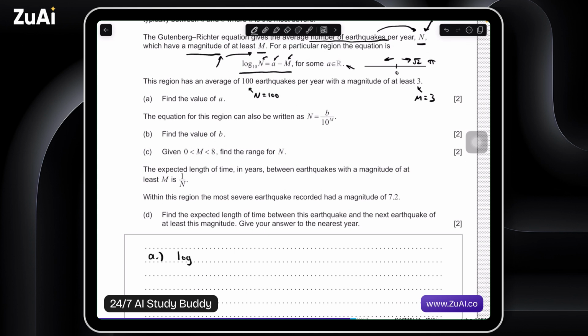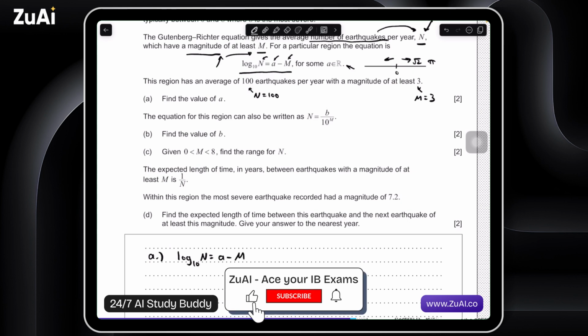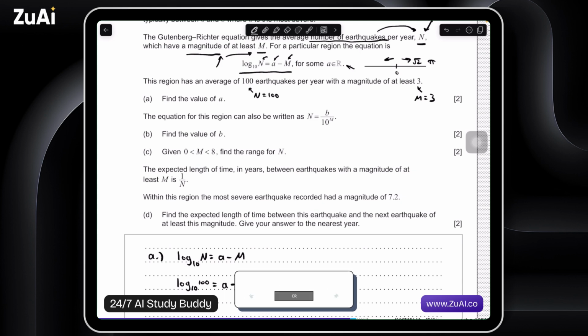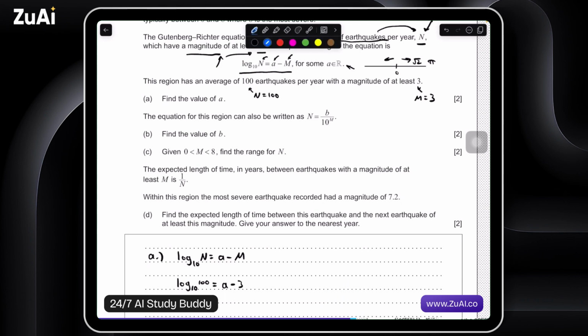This is our equation: log base 10 of n is equal to a minus m. We have log base 10 of 100 equals a minus 3. After that, input-output, let's solve for a.